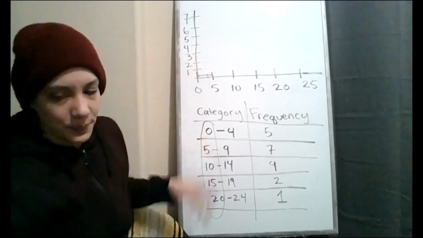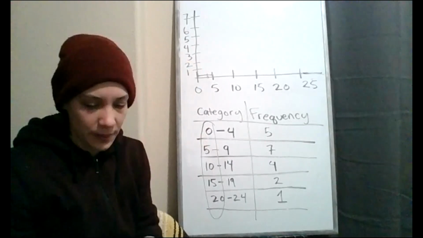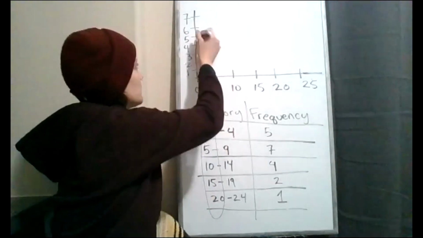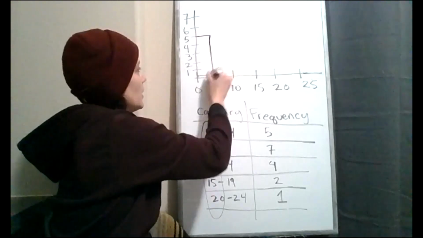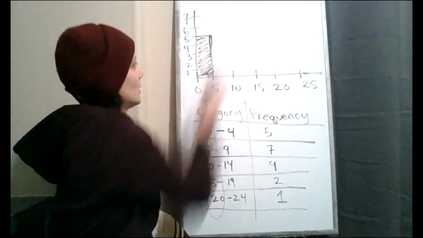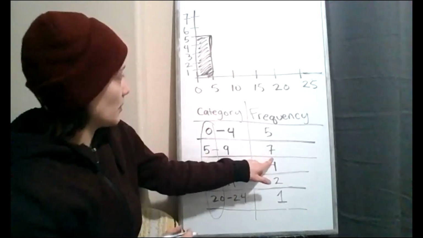Okay, similar to the problems we did before. Put up to a height of 5 for the first class. And shape. Yeah. 5 to 9, so up to 7.